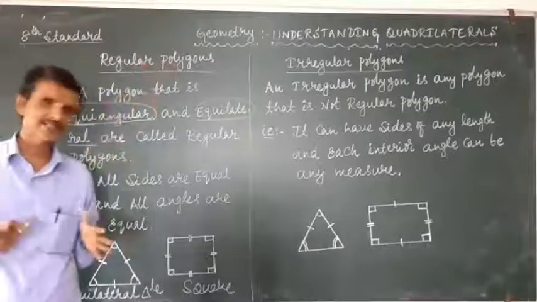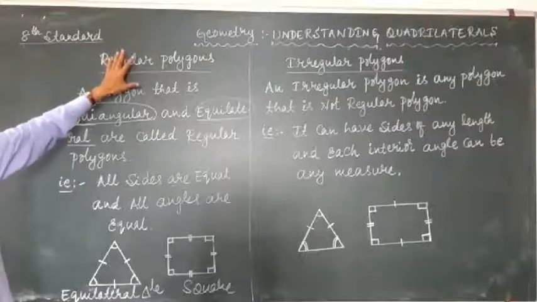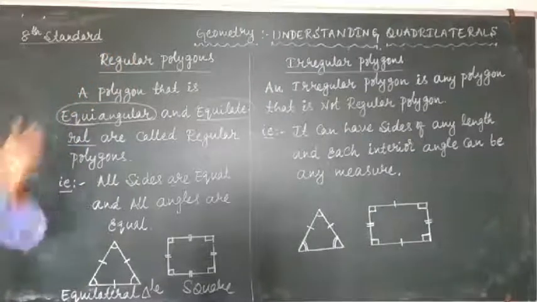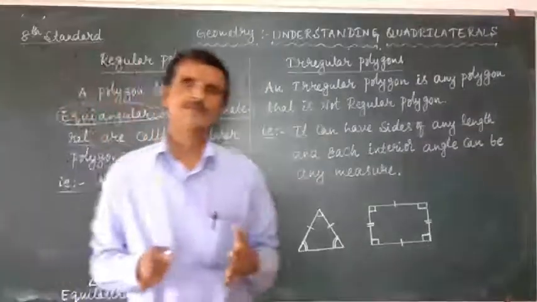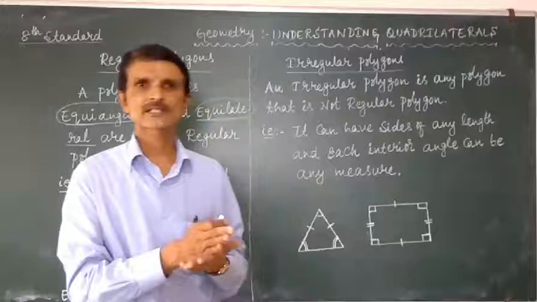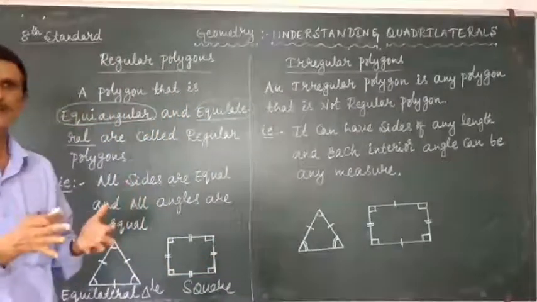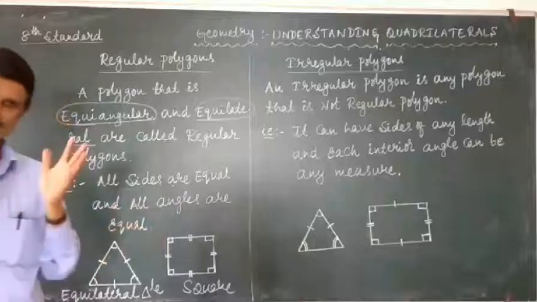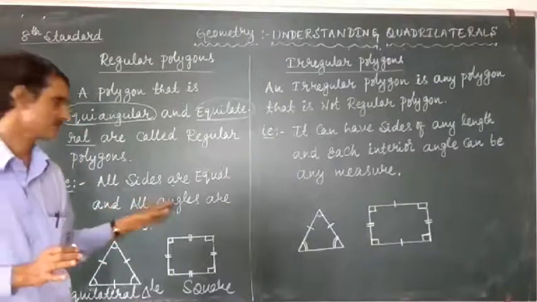So, students, I think you are clear about the regular polygons. Regular polygons are those polygons which are equiangular, that means all the angles of the given polygon must be equal, and all the sides must be equal.